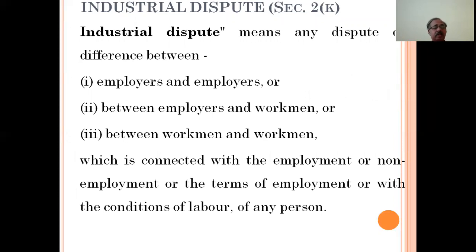First one is industrial dispute, section 2 subsection K. Section 2K of the Industrial Disputes Act 1947 defines what is industrial dispute.